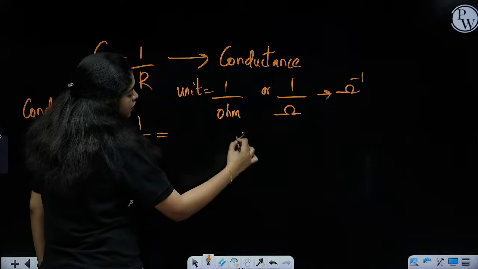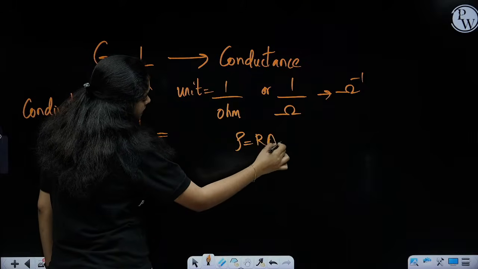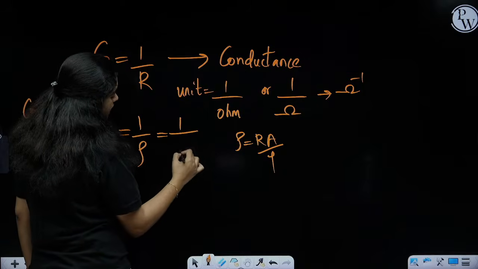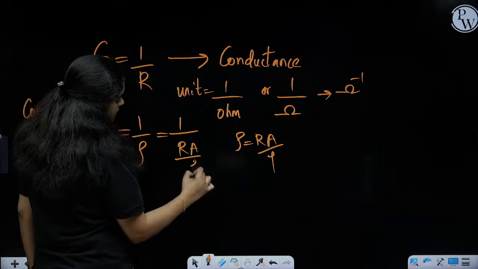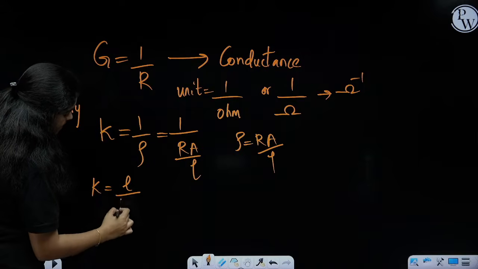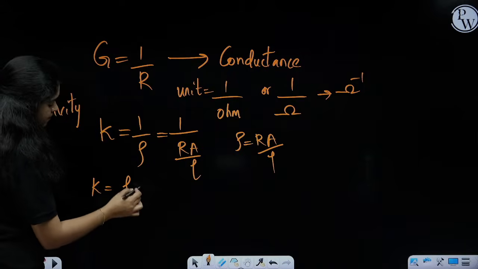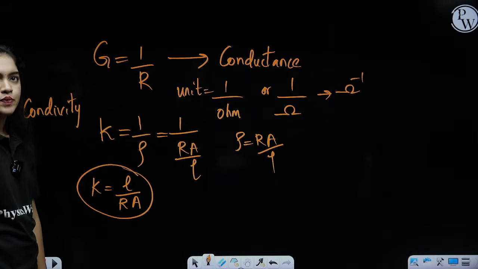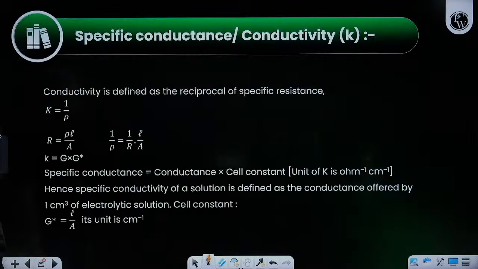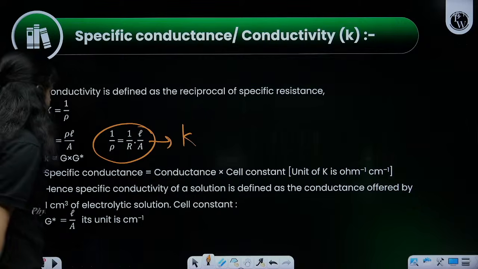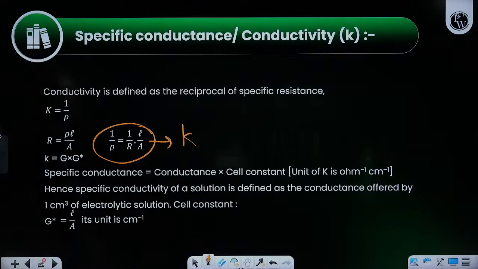Rho equal to RA by L. Just substitute the rho here, so it turns into 1 by RA by L. Take the reciprocal: L by RA. L by RA is the equation for kappa K.